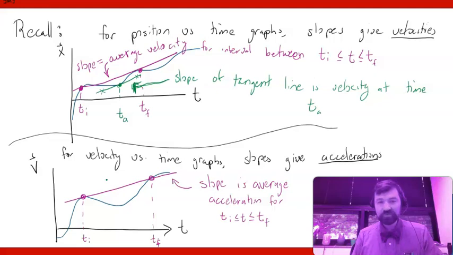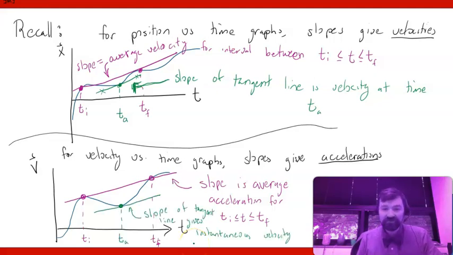And if I pick 2 points that are on the curve for velocity versus time, and I draw a straight line connecting them, then the slope of that straight line will be my average acceleration for the interval from initial to final time. And in a like manner, if I pick a single point and draw a tangent line, then the slope of that tangent line will give the instantaneous acceleration at the time at which it is tangent.